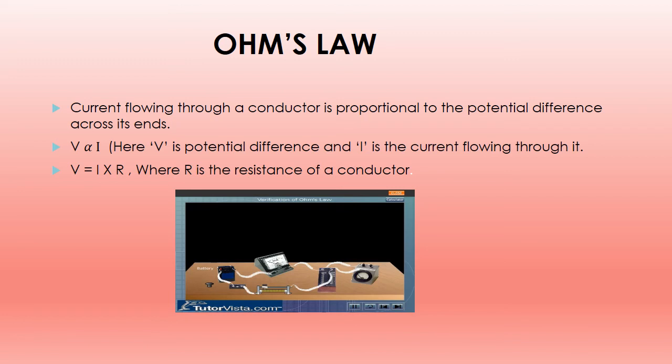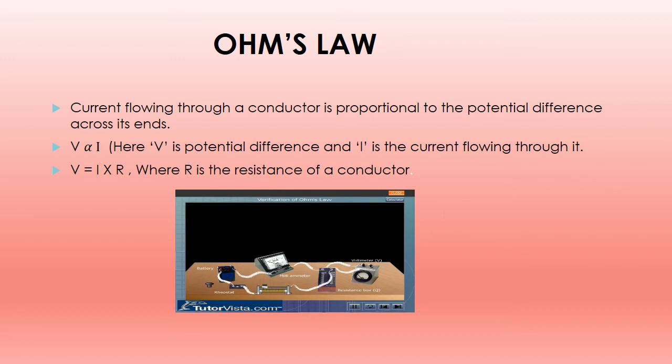Shown here is a circuit with a suitable voltmeter for measuring the potential difference V across a resistance box Q and a milliammeter for measuring the current I flowing through the resistance box. A rheostat is used for varying the current and potential difference in the circuit.